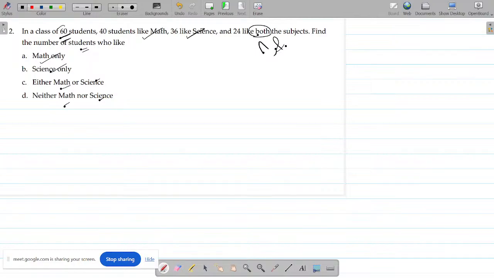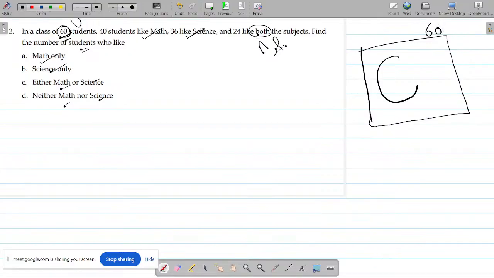What is the 60? It's the total number of students. So you're going to say this is union? No, you cannot say that yet, because you take the Venn diagram. They say in the class of 60 students, so this 60 is over here.